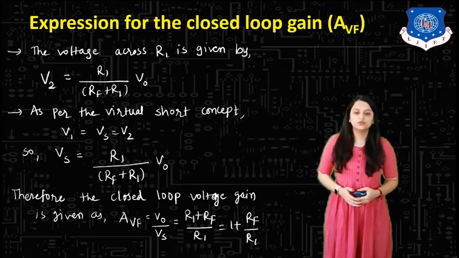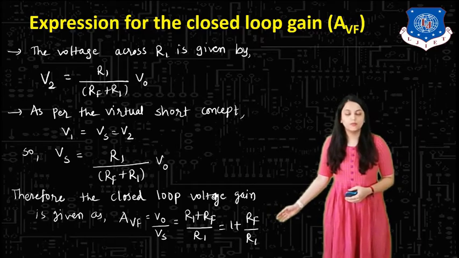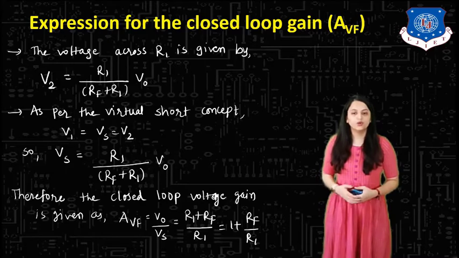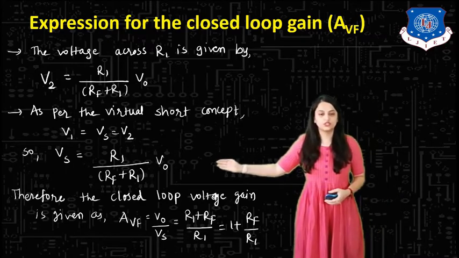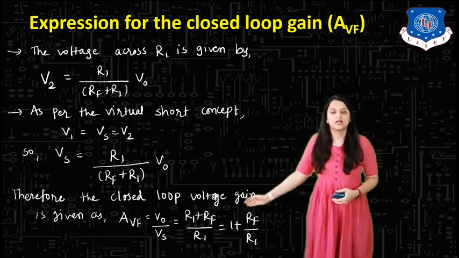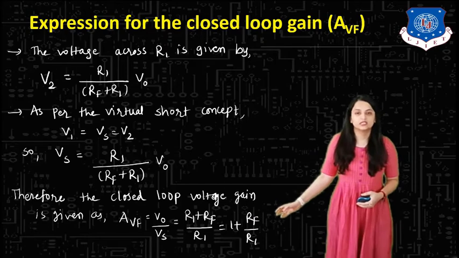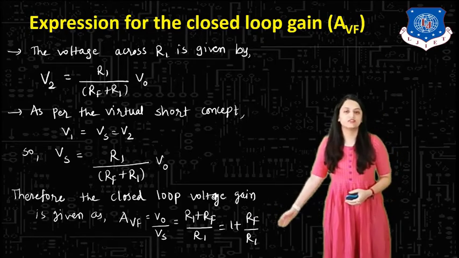Therefore, the closed loop voltage gain is given as AVF, that is equal to Vo by Vs, output voltage divided by source voltage, where the ratio can be obtained using this equation, that will be R1 plus Rf by R1. If we split the terms, R1 will be cancelled out and our final equation will be 1 plus Rf by R1.